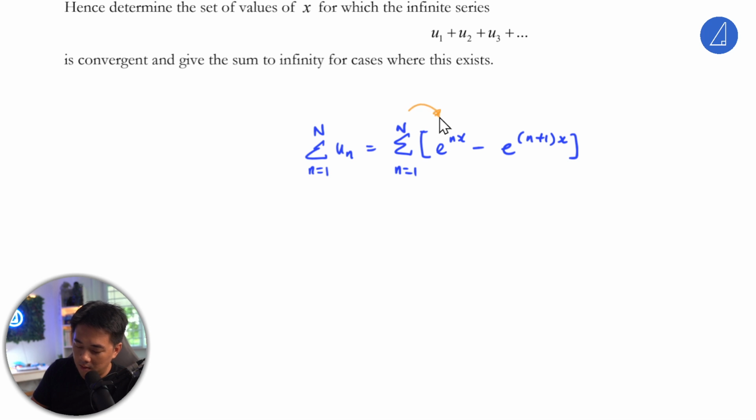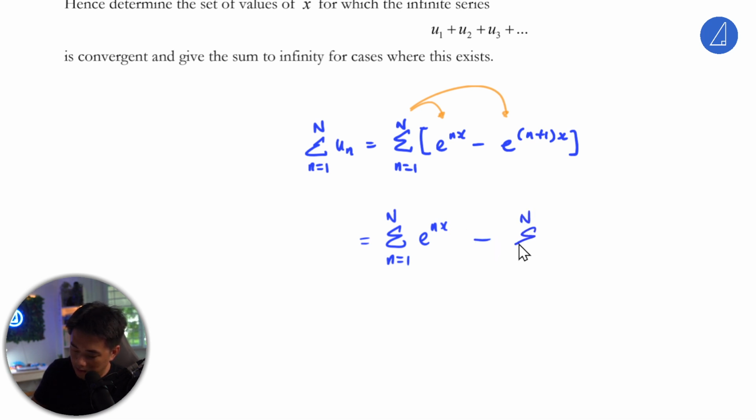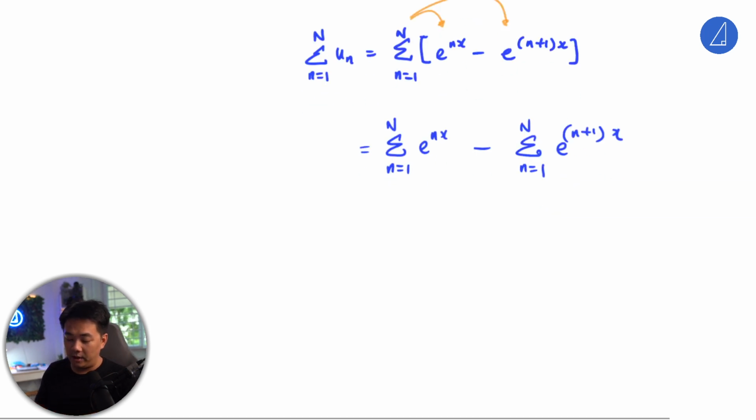So just expand this in: the sum of e^(nx) minus the sum of e^((n+1)x). So we just expand everything out.